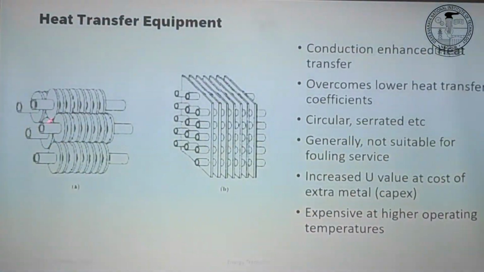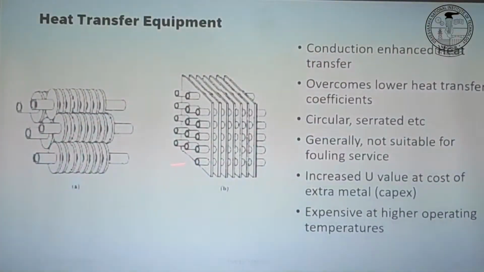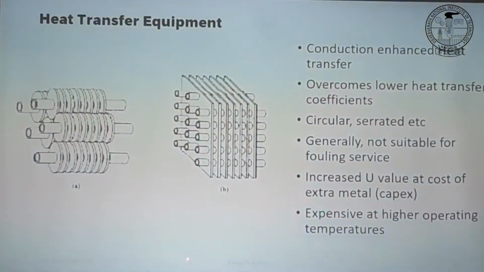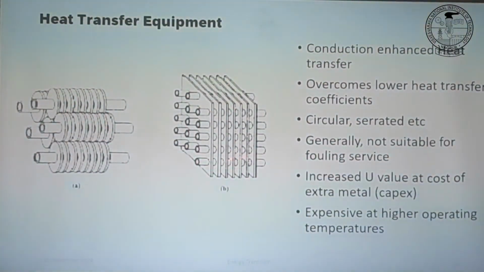This metal is also heated up, compared with the bare tube, and there are several designs of this. Once again, optimization is between how much you increase the U value and reduce your exchanger area and cost, and how much extended surface or metal you are paying for.